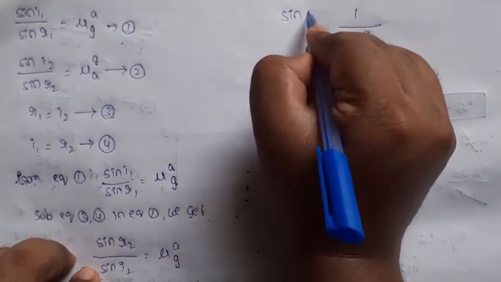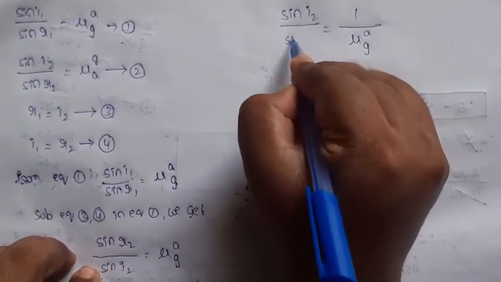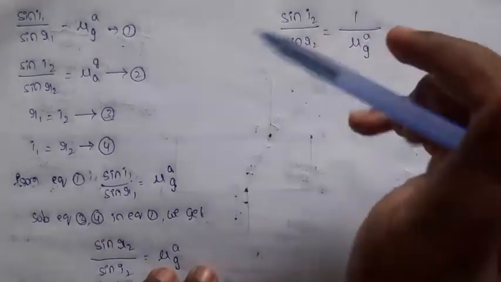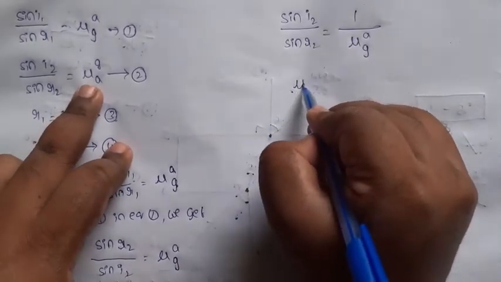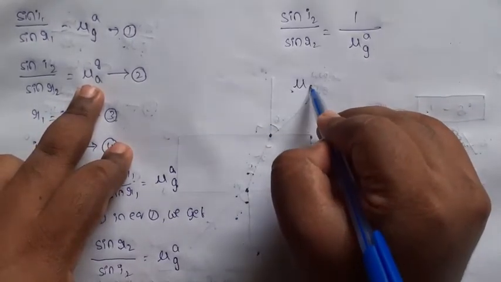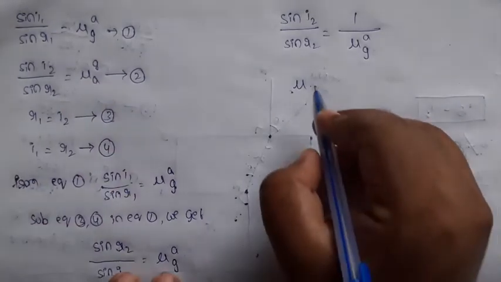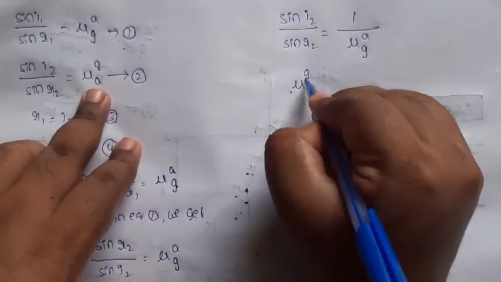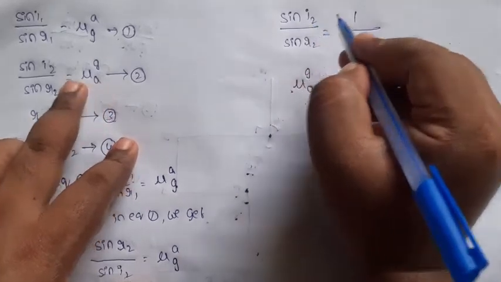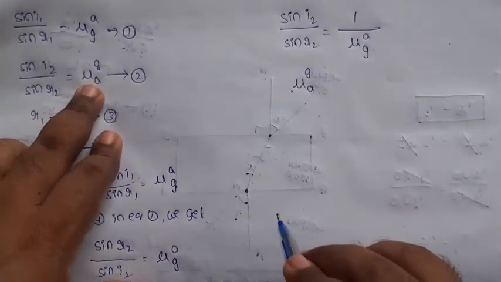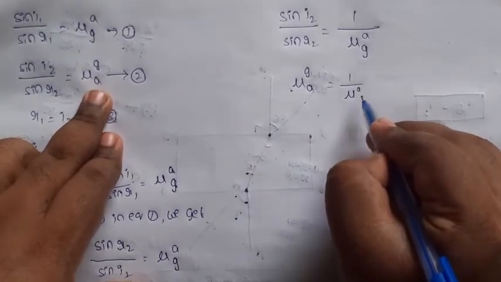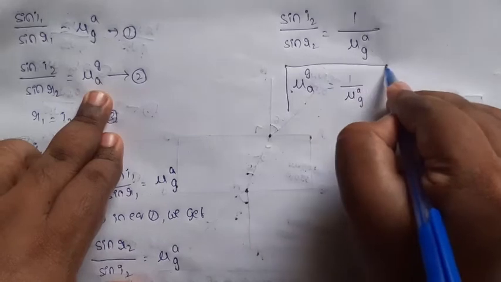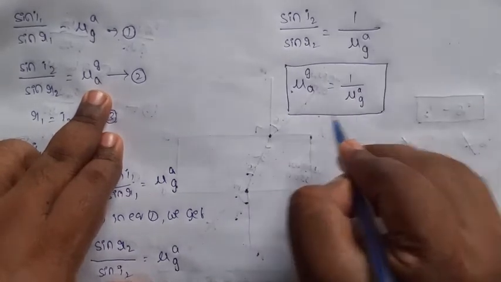Sin of I2 by sin of R2. So in place of sin I1 by sin R2, we substitute mu AG. In place of sin I2 by sin R2, we can substitute mu GA, so mu AG equals 1 by mu GA. This is called the principle of reversibility.